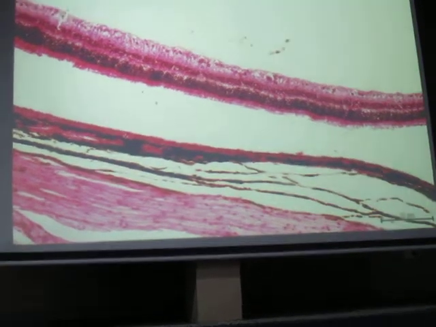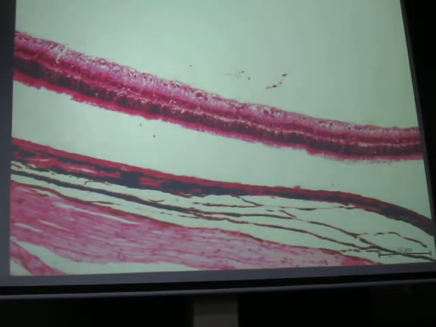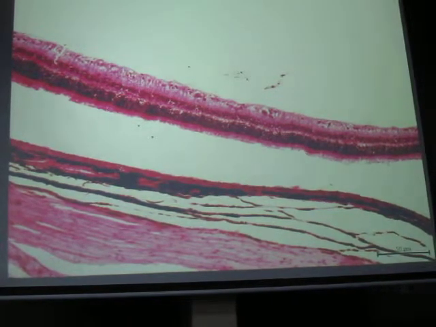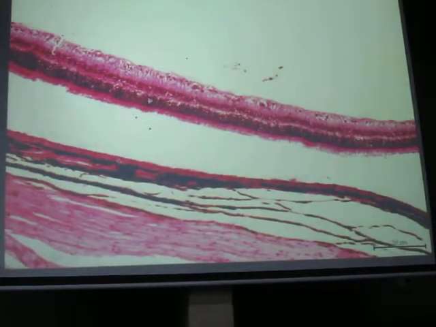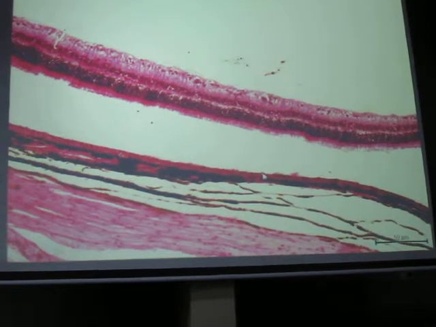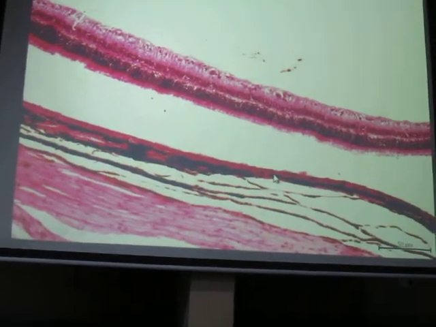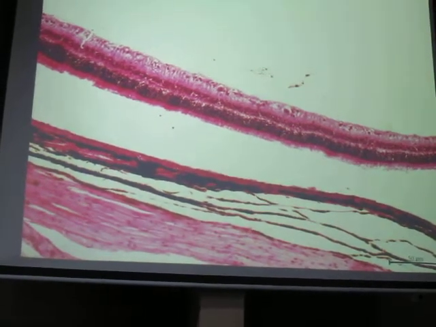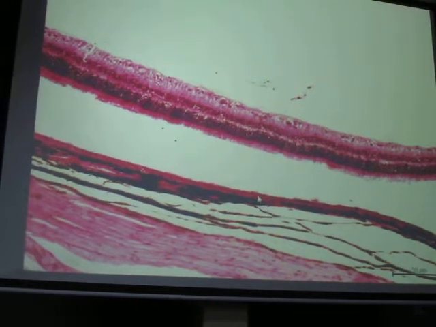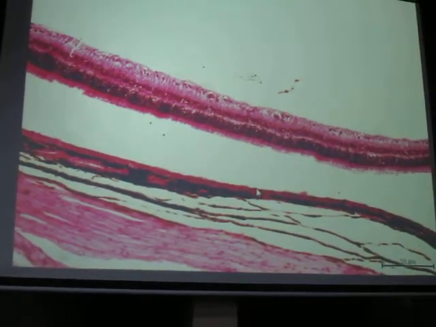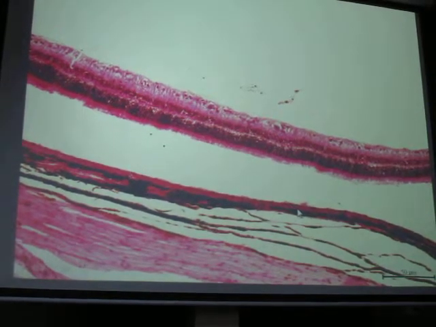So the outermost, layer 10, is the retinal pigment epithelium layer. This pigmented epithelium layer is on this part because it is attached to what layer of the choroid?